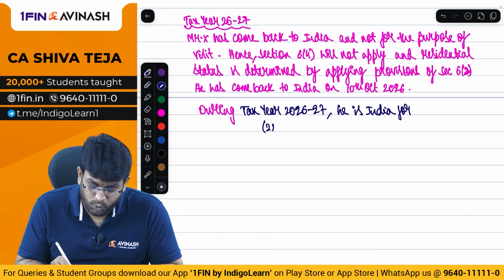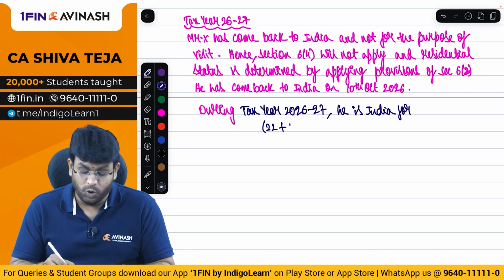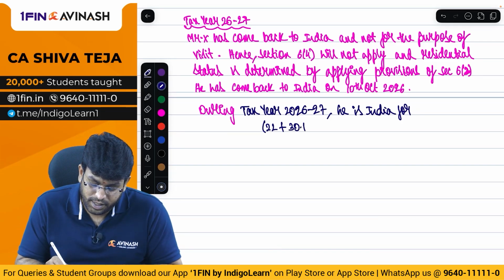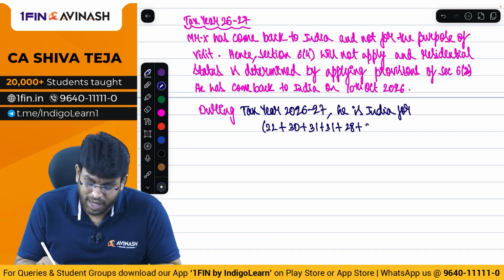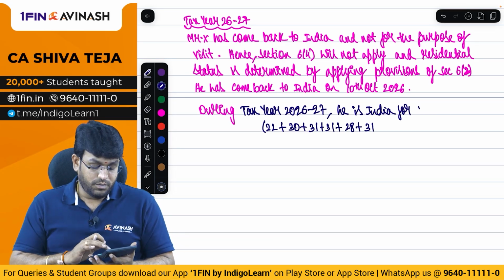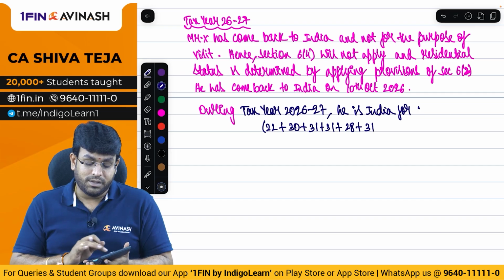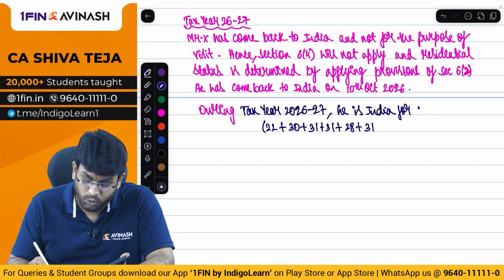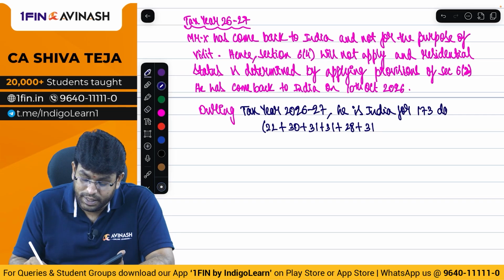So 22 days he is in India in October. November 30, December 31, Jan 31, Feb 28, March 31. 22 plus 30 plus 31 plus 31 plus 28 plus 31, which is coming to 173 days only.